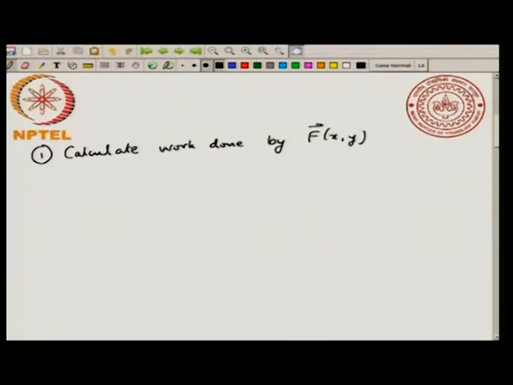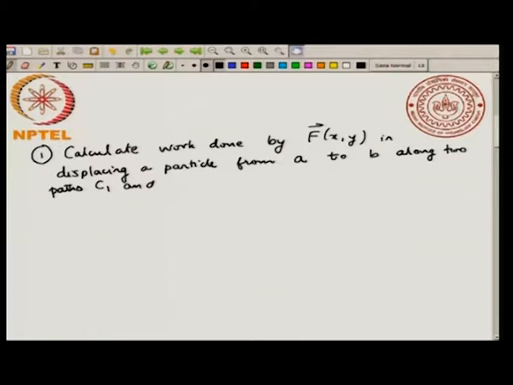So f of x y is a force, in displacing a particle from A to B along two paths, C1 and C2, which will be shown in the figure.